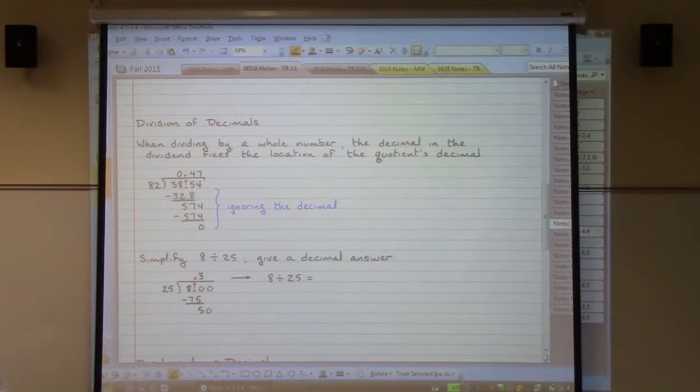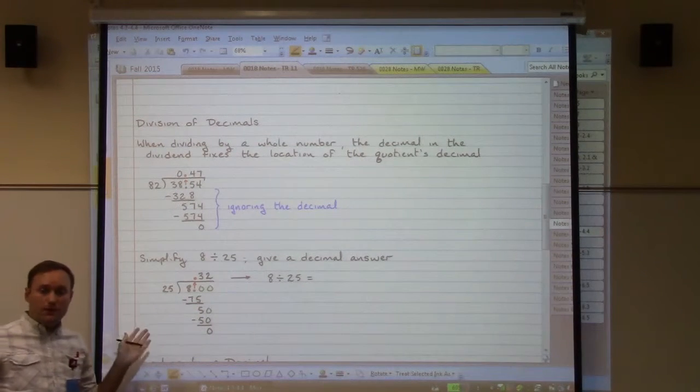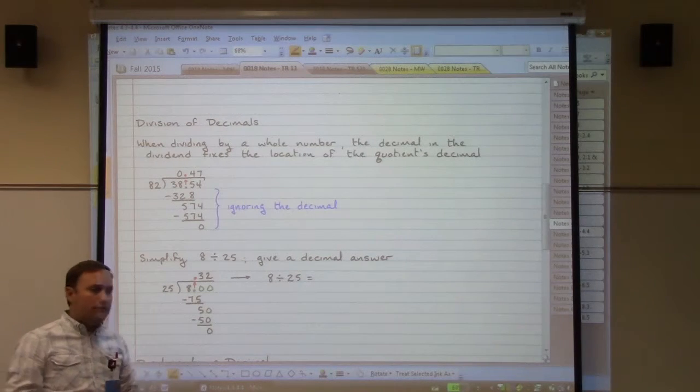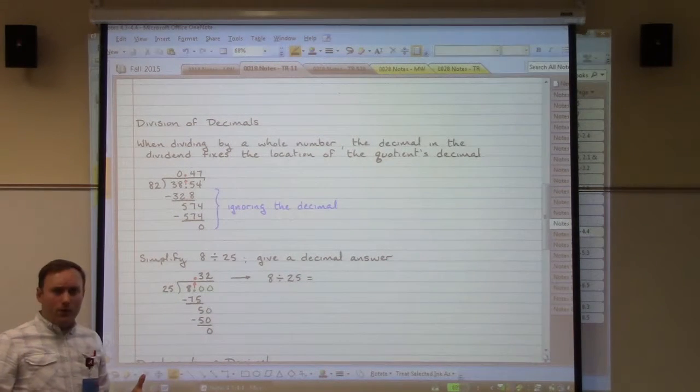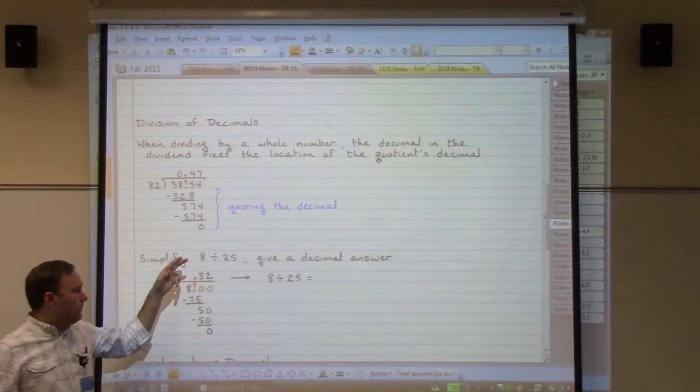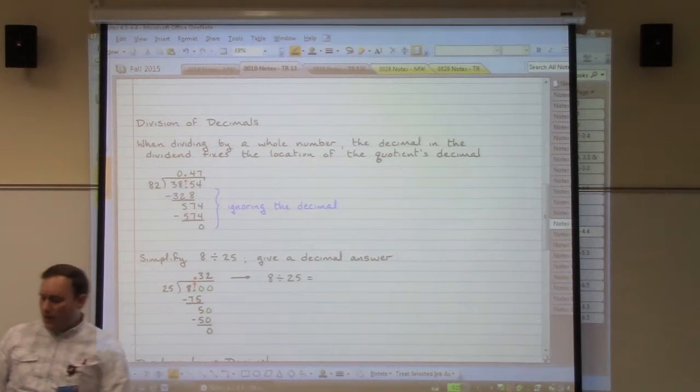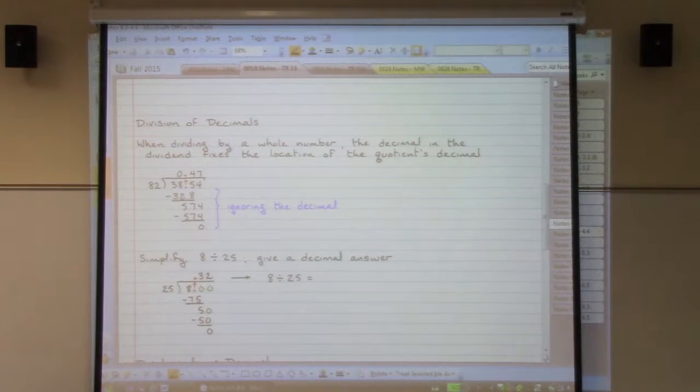Well, 25 goes into 50 2 times, meaning that when I do my subtraction work, I get a remainder of 0. Remainder of 0 has always meant that we can stop our division work and we will have our answer. Our answer will be what is up above our long division symbol. So again, we can write in 0.32, or we can also write in .32. Either is acceptable.